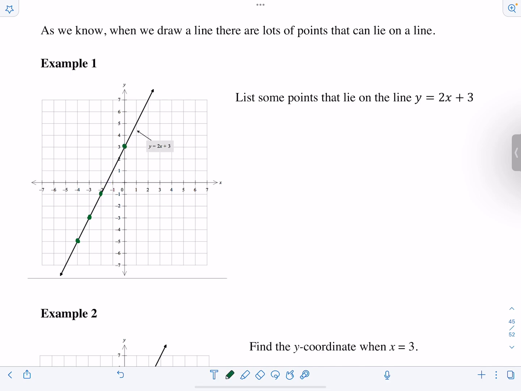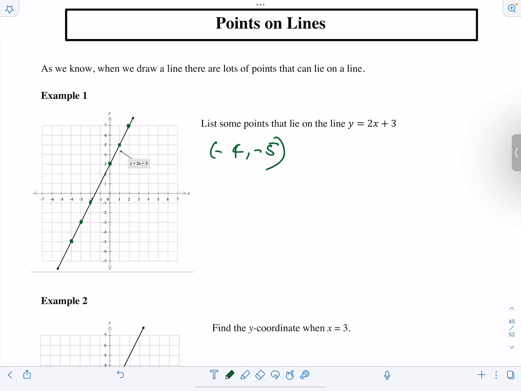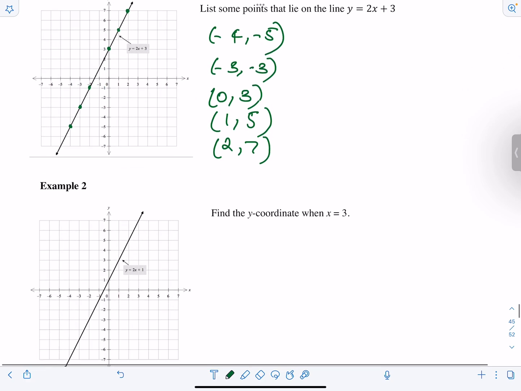Here's another point, here's a point, and here's a point. So I'm going to list some of them: -4, -5. Another one is -3, -3. Then 0, 3; 1, 5; 2, 7. So there's some of the points that lie on the line.